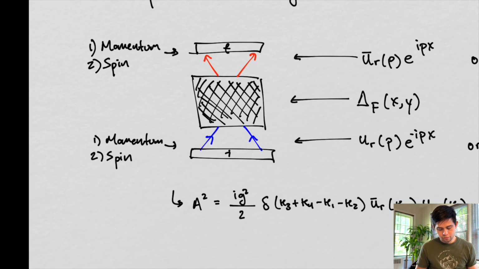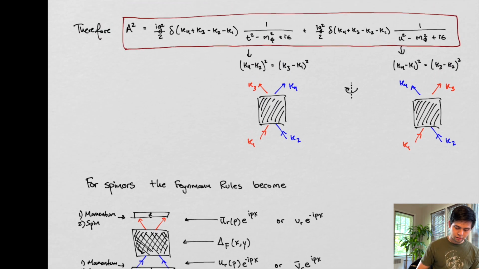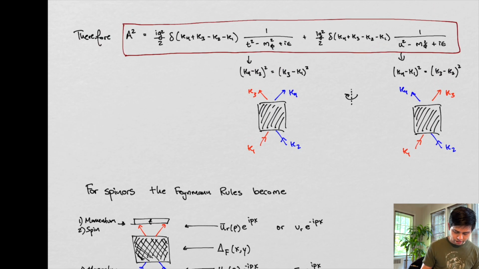The way we keep track of momentum is kind of done for us already, so we don't really need to do that. Keeping track of the momentum comes in the form of these Mandelstam variables here.